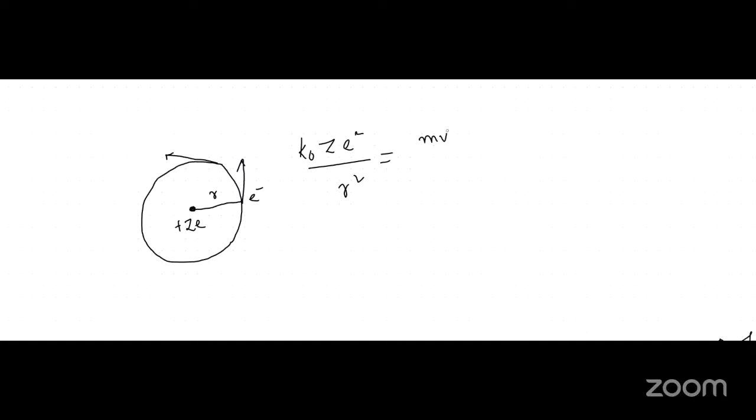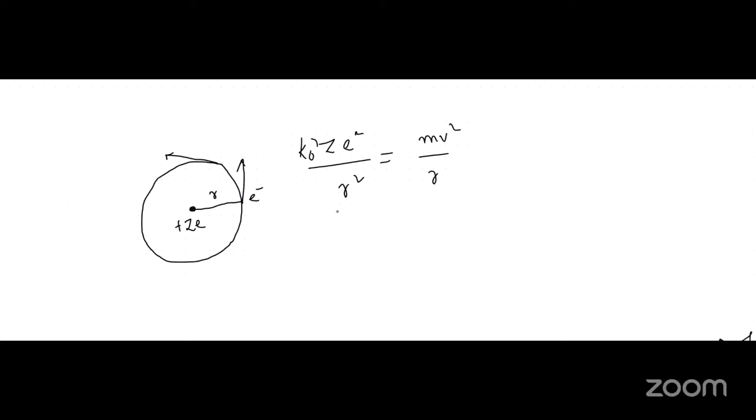Here v represents the velocity of the electron, r the radius of the orbit, and k0 the permittivity of free space. The value of k0 is 9 into 10 to the power 9 newton meter square per coulomb square.